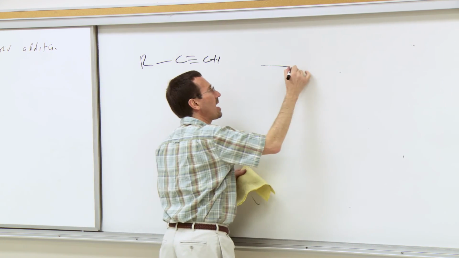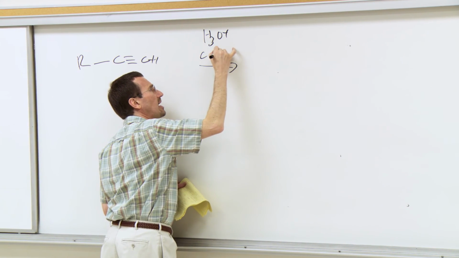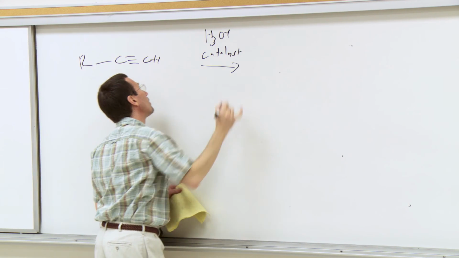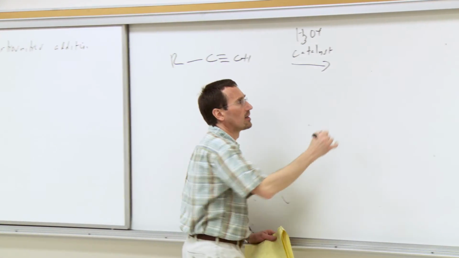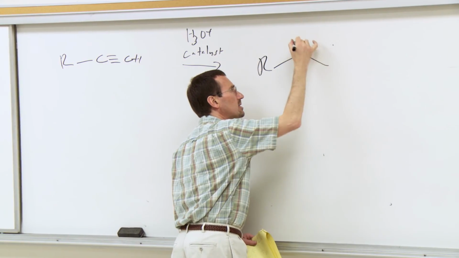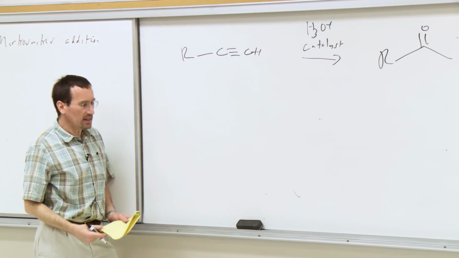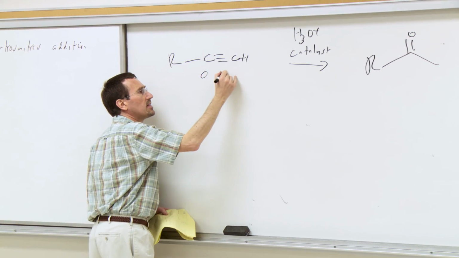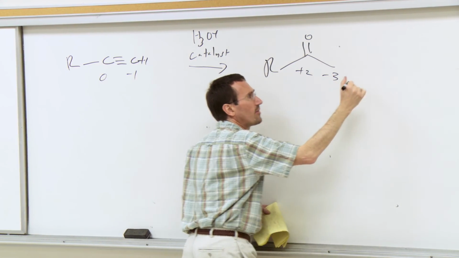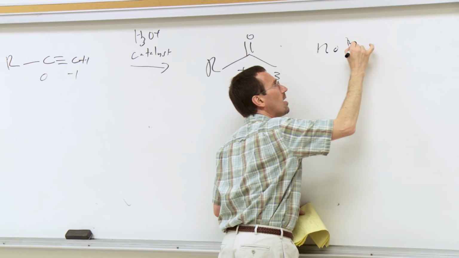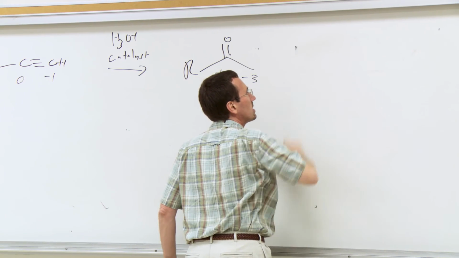And when we treat with water and a catalyst, a mercury catalyst, and I'll tell you about the catalyst in just a second, we get a ketone. And if you look at this chemistry, again, 0, -1, +2, -3, no net change in oxidation state.